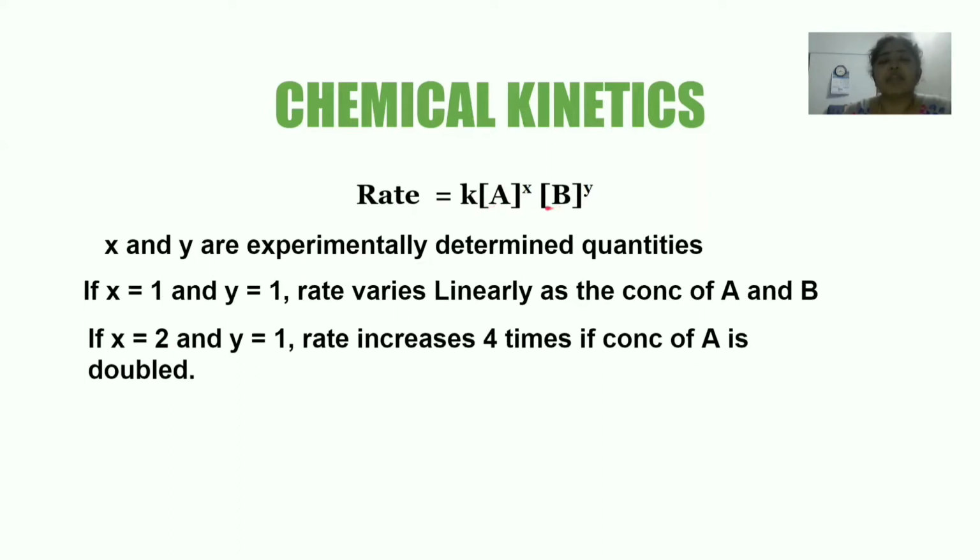Compared to the original rate, where x equal to 2 and y equal to 1 with the same concentrations of A and B, I get rate is equal to k into A square into B raised to 1. Only if I double the concentration of A, then I get rate is equal to 4k A square into B. That means now the rate has become 4 times the original rate.